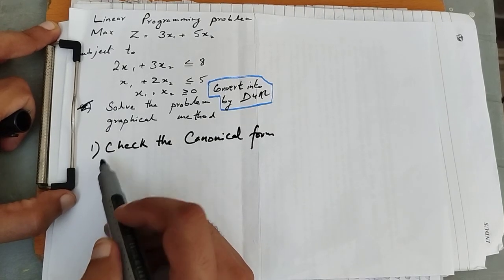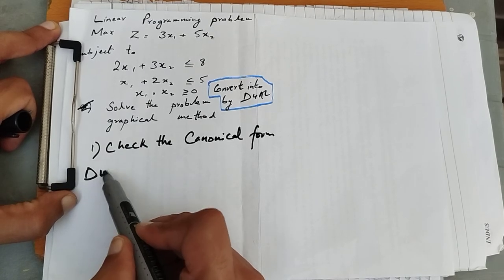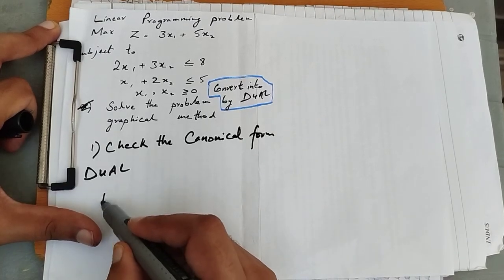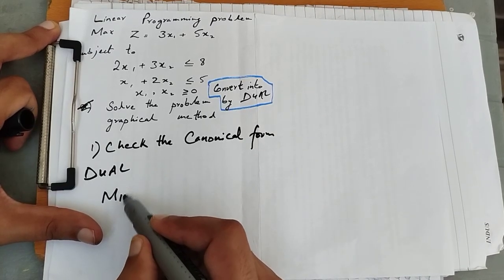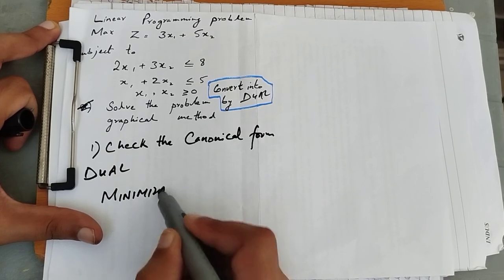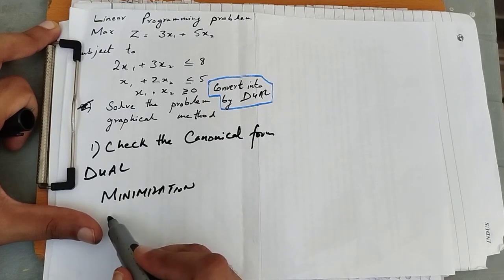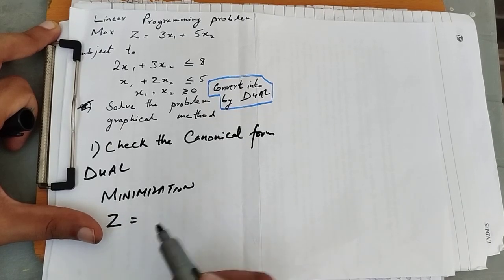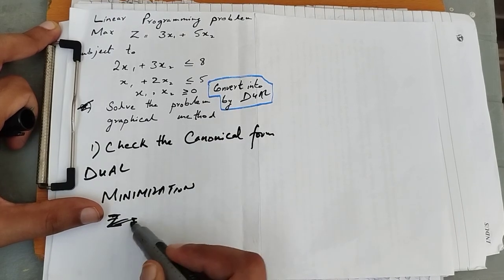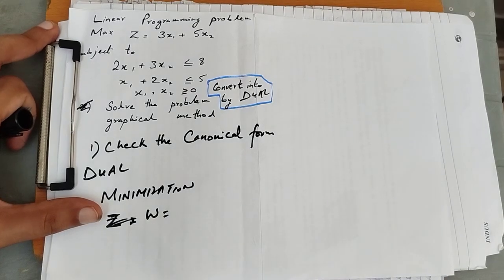Now, we know in the dual form, the objective function will be converted into a minimization one. And we don't take it as z anymore, we take it as w instead of z, so that it is different.